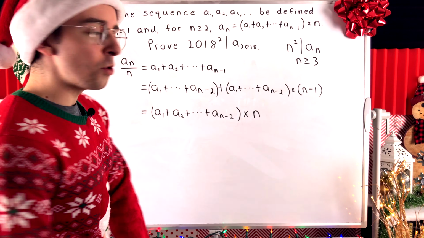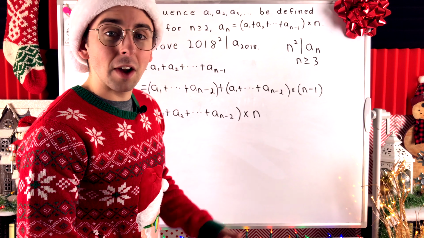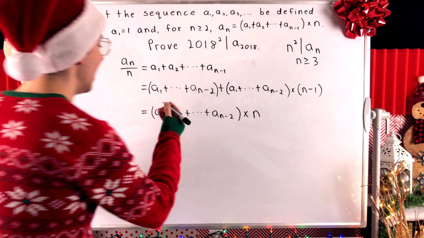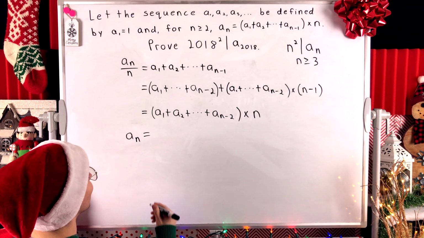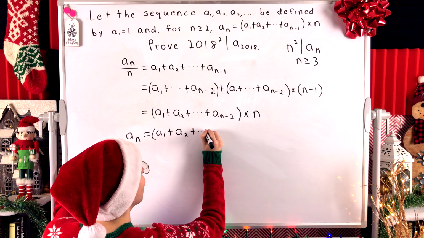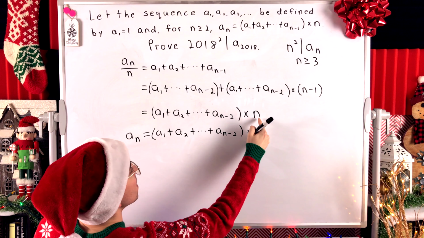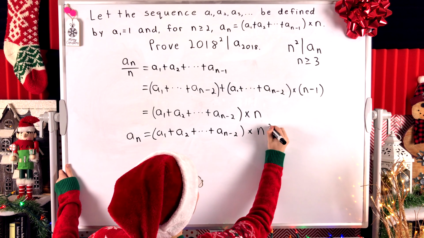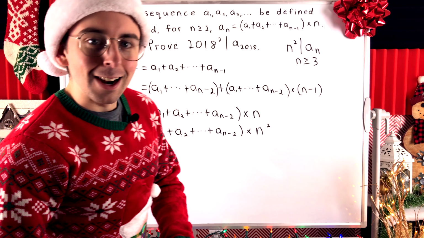So then what we might do, since we know that this is equal to this, just to get a little bit closer to what our final conclusion really is, let's multiply both sides of the equation by n. That will give us that a_n, the nth term of the sequence, when n is at least 3, is equal to a1 plus a2 and so on all the way up to a_(n-2) multiplied by n, but then we multiplied both sides of the equation by that n there, so it is indeed an integer multiple of n squared.